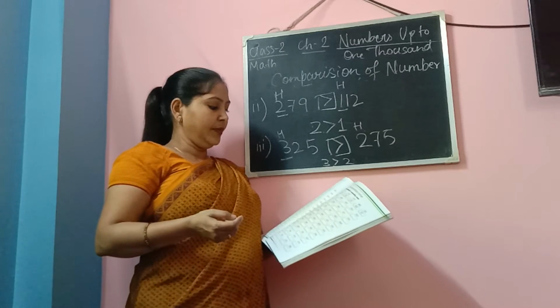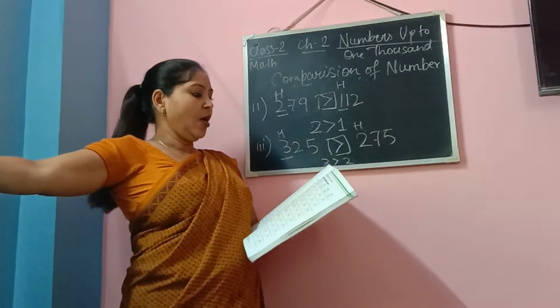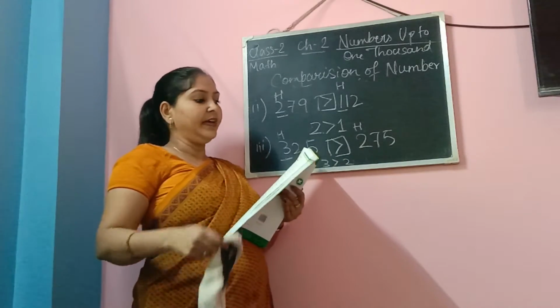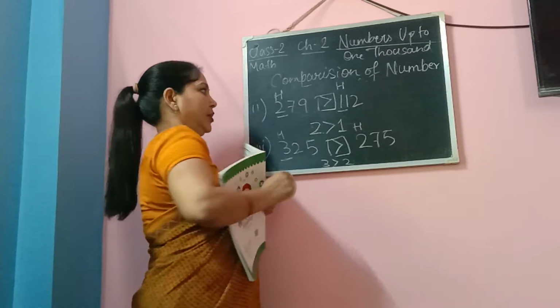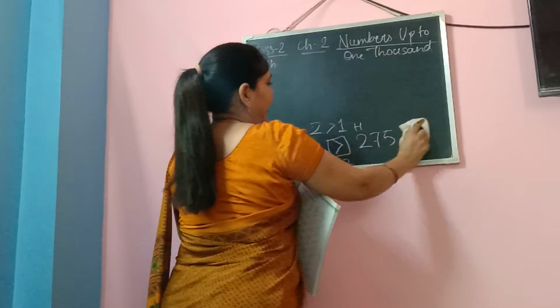So in this way you will be doing page number 34. Okay. Now on page number 35, we have ascending and descending order. What is the meaning of ascending and descending order? So let's try to understand first what is ascending and descending order.